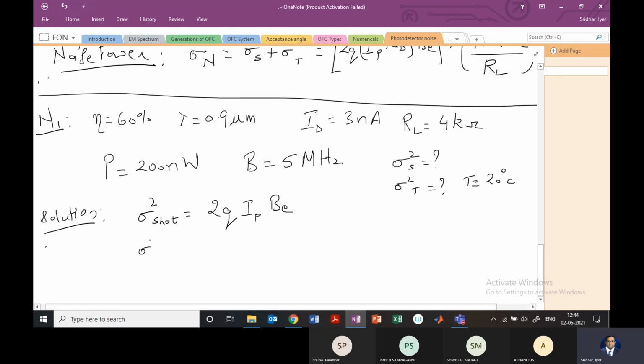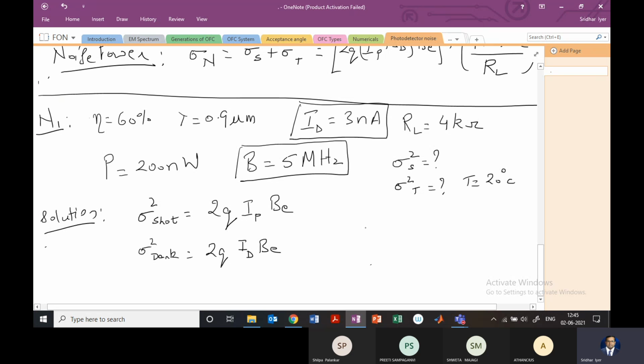And since dark current is there, I can write the dark current as 2q Id B, right? So we know q because it's a constant. We know B, it is given that the post detection bandwidth is 5 megahertz. We know Id, which is given to us as 3 nanoamperes. However, we do not know Ip, that is the photon current which is generated.